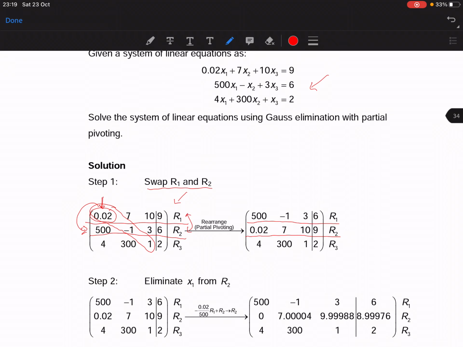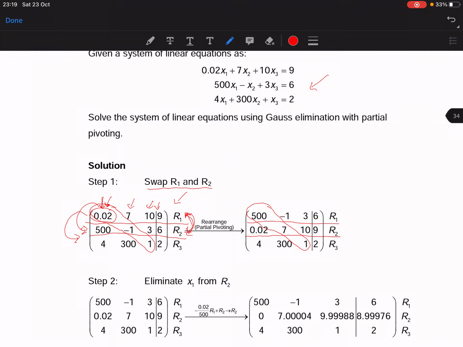That's why now our diagonal element does not contain an almost zero value. Initially everything in here, we swap it with row number 2. So row 2 becomes row 1, row 1 becomes row 2, and we end up with something like this.